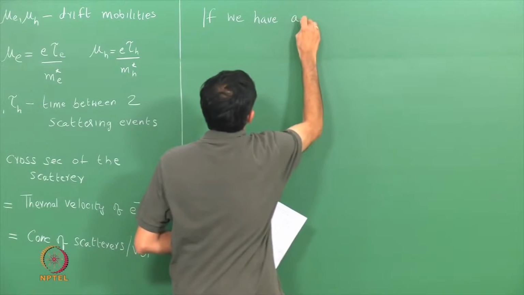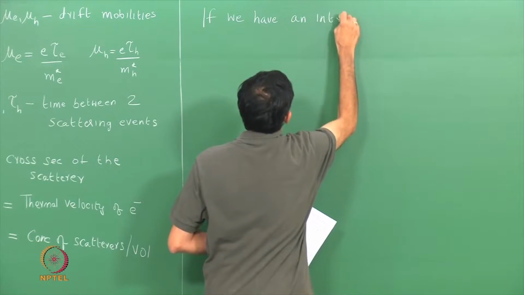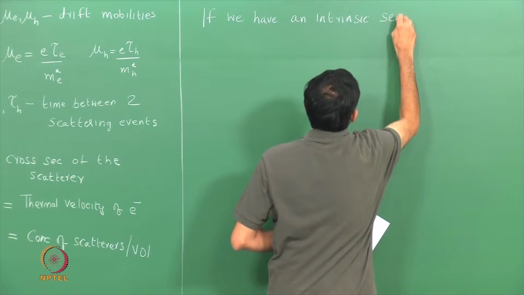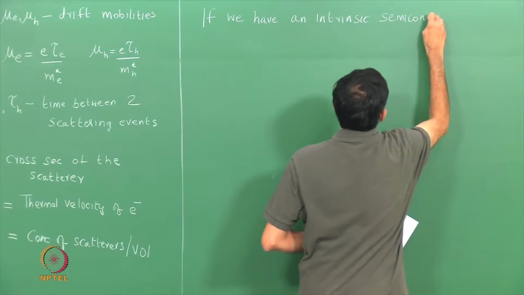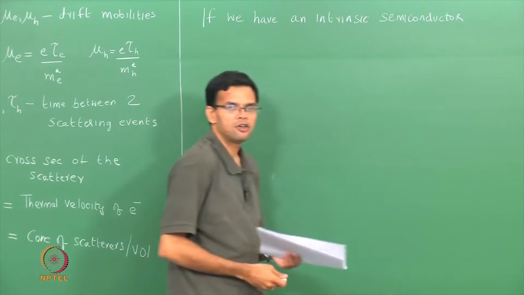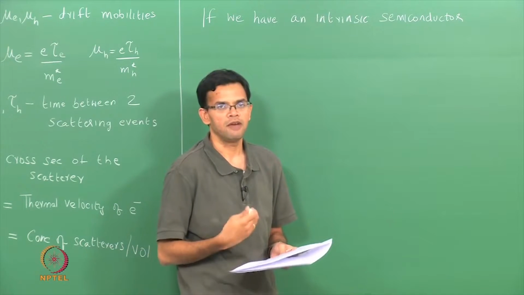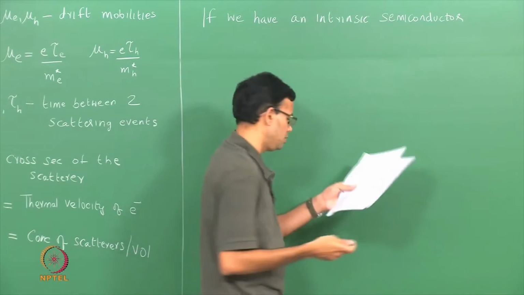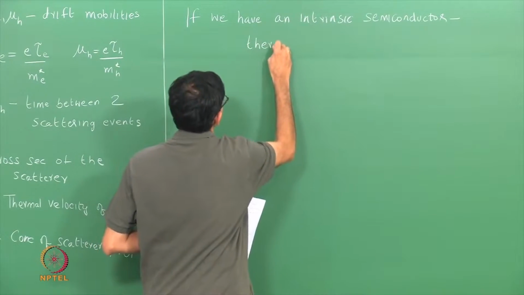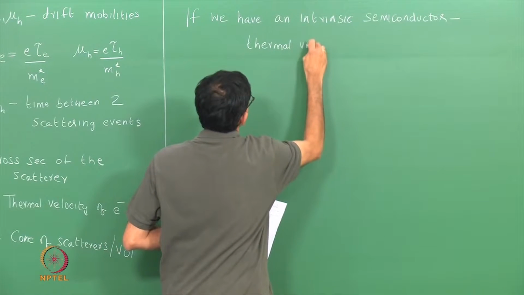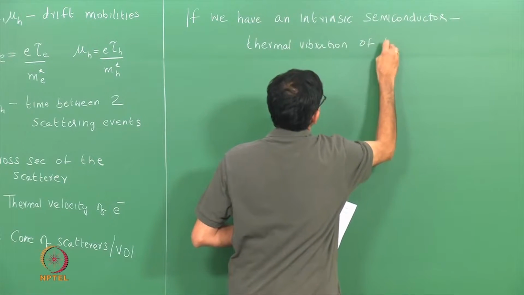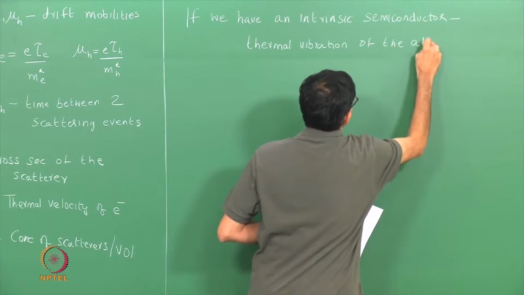If you have an intrinsic semiconductor, then the electrons will scatter because of the thermal vibration of the atoms of silicon.